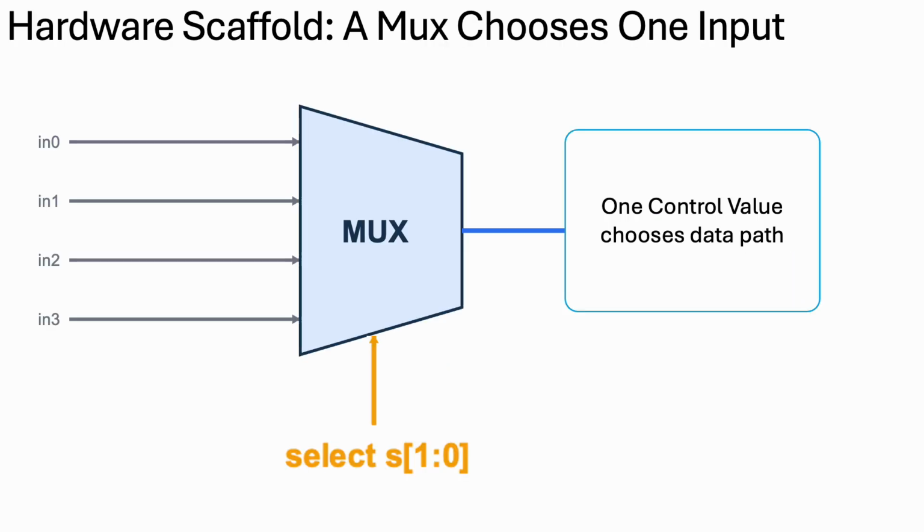But there is a very natural hardware equivalent to that switch statement, which is a multiplexer. For a multiplexer, you're usually taking many inputs, and then you have some select bits, which are going to decide which of those inputs get routed to the output. And you can see that it's very similar in that the control value chooses which of the inputs ends up passing further into the digital circuit.